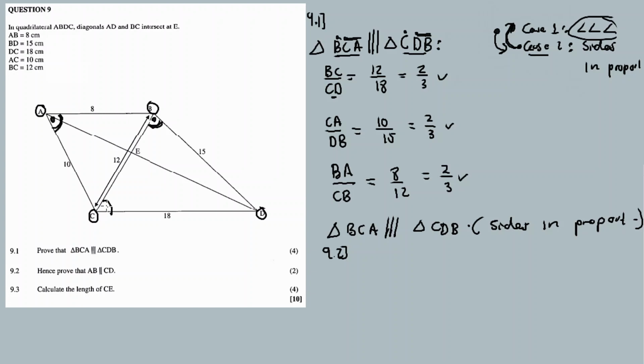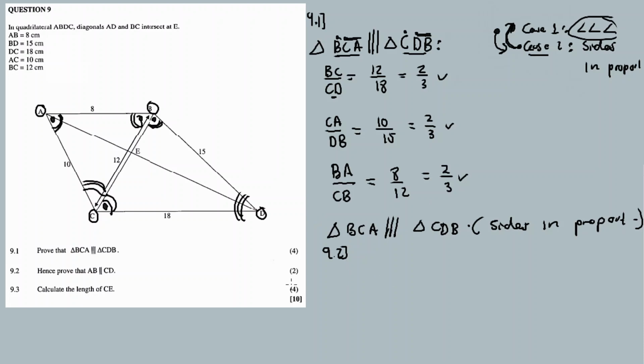It means that the angle there is equal to the angle there. Then this one is equal to this angle there. Right? So that's why I say if you prove by case number 2, case number 1 will be true for those triangles. If you prove by case number 1, case number 2 will also be true.